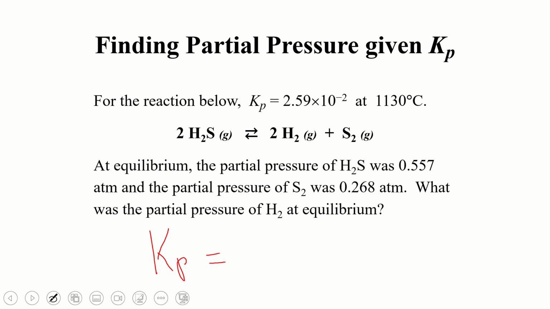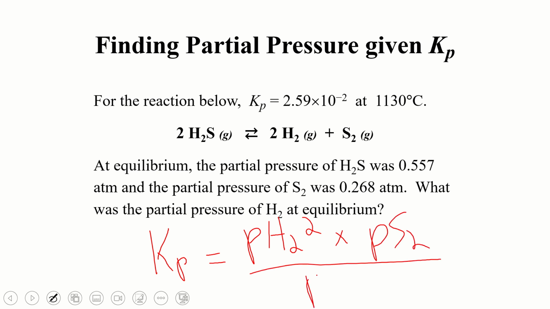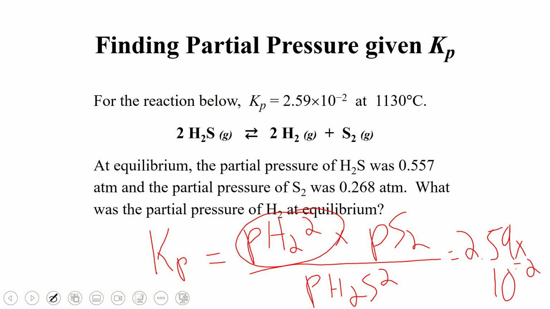So Kp would be equal to the pressure of H2 squared times the pressure of S2, all divided by the pressure of H2S squared. And this is all equal to 2.59 times 10 to the negative second. So what you need to do here is rearrange this equation to solve for pressure H2. And again, you should get something around 0.173 atmospheres.